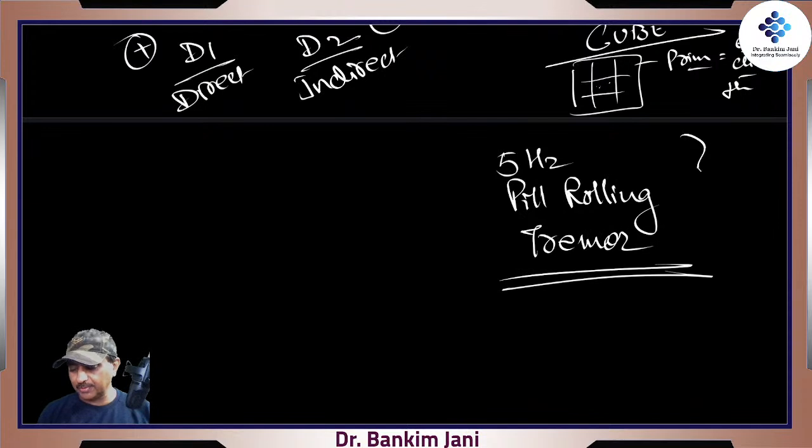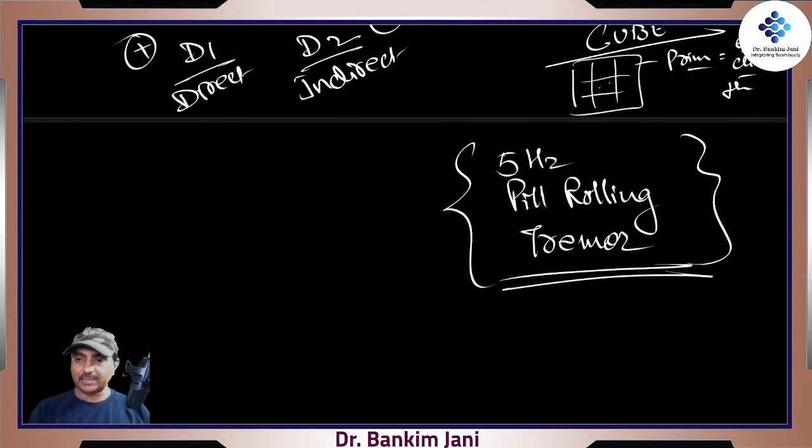Pill rolling tremor. So 5 hertz means 5 times in 1 second. So typically their hands will keep on doing like this, right? This is what they do 5 times in 1 second, as if there is a pill between the hands and they are just rolling it, right? This is classically seen in Parkinson's.